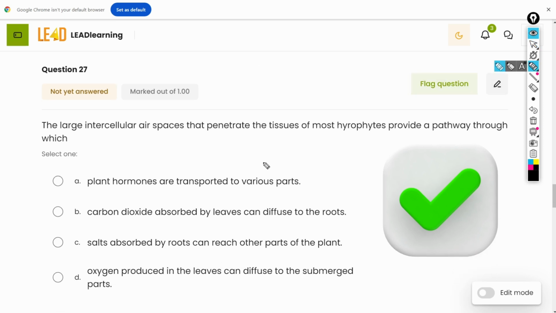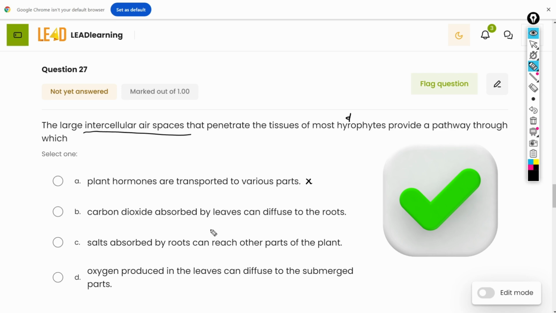Question 27. The large intercellular air spaces that penetrate the tissues of most hydrophytes provide a pathway through which plant hormones are transported to various parts. No, hormones are not transported through intercellular air spaces in plants.